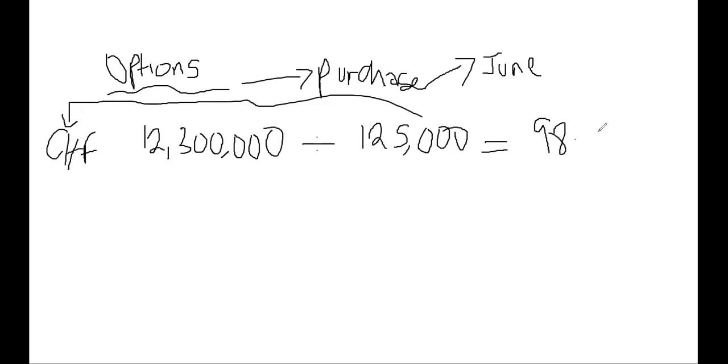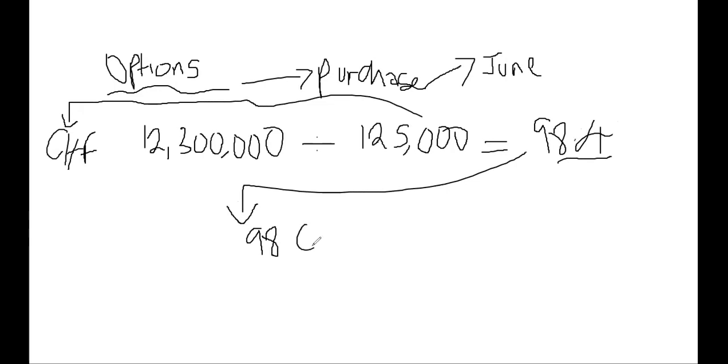I don't know if it's 98.4, 98.9. So 98.4. So meaning that we cannot buy point something of the contract. It means that we'll have to buy 98 contracts. So in buying 98 contracts, it will be worth how much?